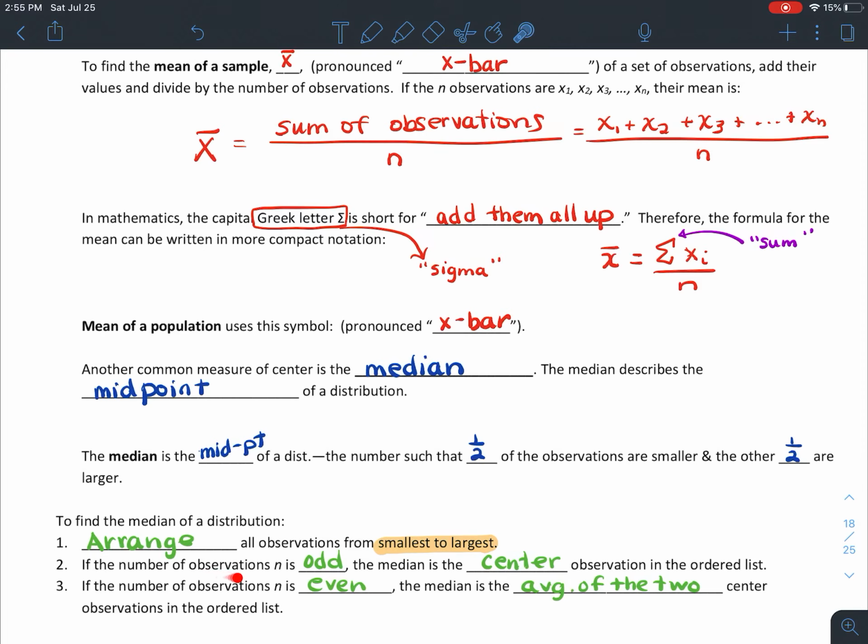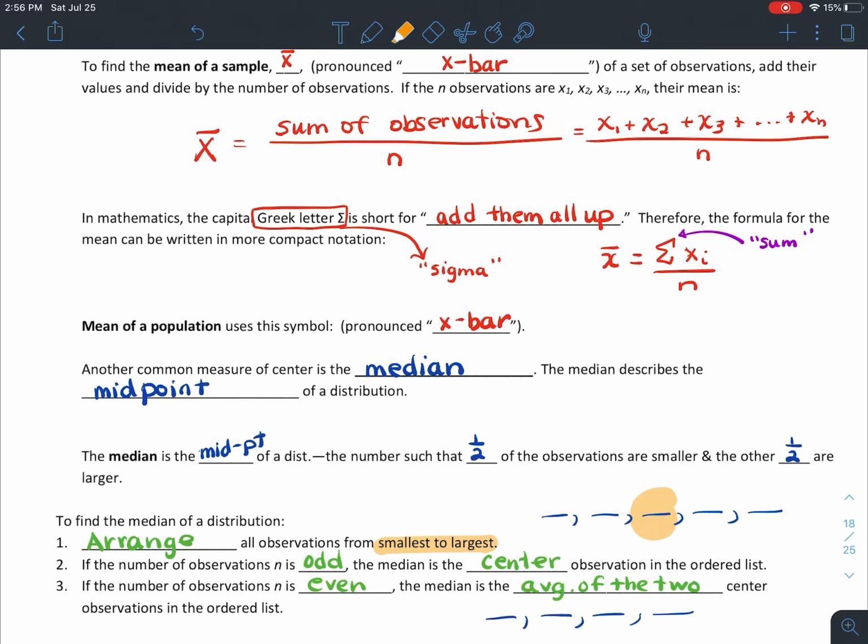If the number of observations is odd, let's say 5 observations, 1, 2, 3, 4, 5, then the median would just be that center value. However, if the number of observations is even, then there's not a distinct middle value.